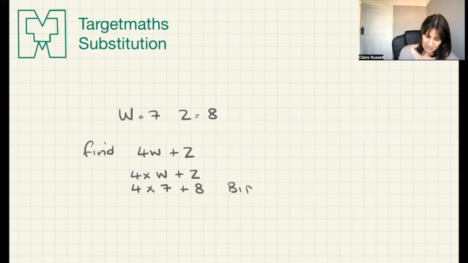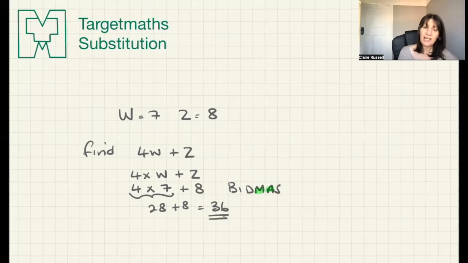Thinking about my BIDMAS, again, it's not overly essential because they're already in the right order. I've got my times and my add. So 4 times 7 is 28, and 28 plus 8 is 36. And if you got that right, great, really, really well done.